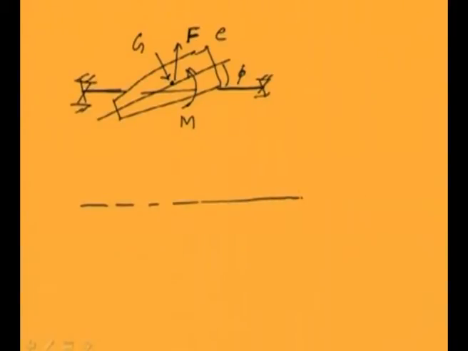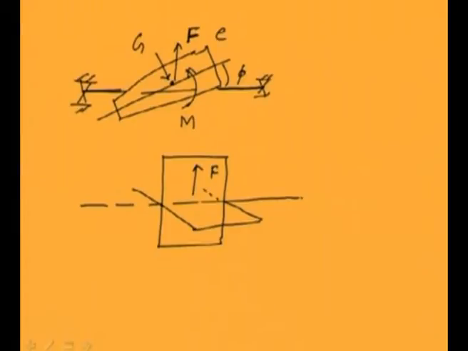This particular rotor can have a moment, let us say, in one plane. This is a plane in which, let us say, force is acting, and there is another inclined plane, not necessarily horizontal, like this.